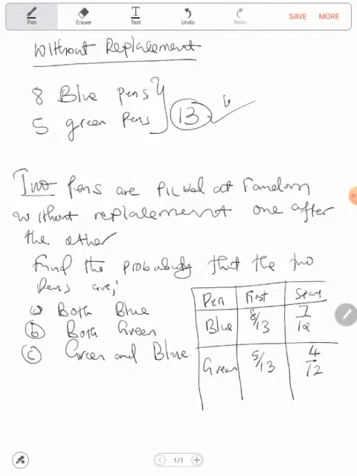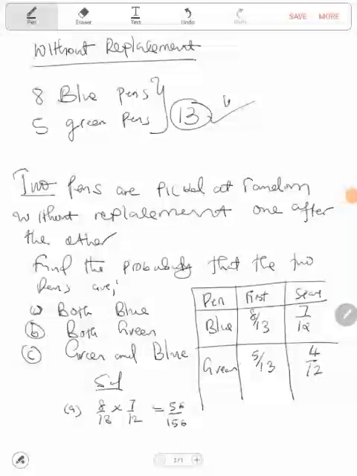Okay, so I'm answering question A. Both blue is this part. So both blue, we are saying 8 over 13 times 7 over 12, and this will be 56 over 156. This can be reduced.